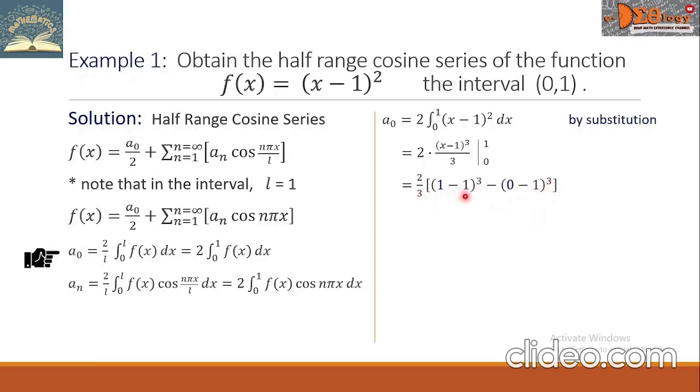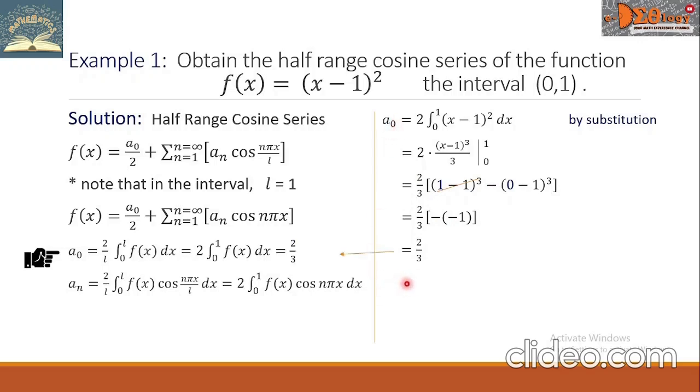This 1 minus 1 becomes 0, so we can cancel this out. For 0 minus 1, it becomes negative 1, and with power 3, we have negative 1. So we copy the 2 over 3 down here, minus the negative 1. Negative times negative is positive, so the final answer is 2/3. This is the value of our a sub 0.